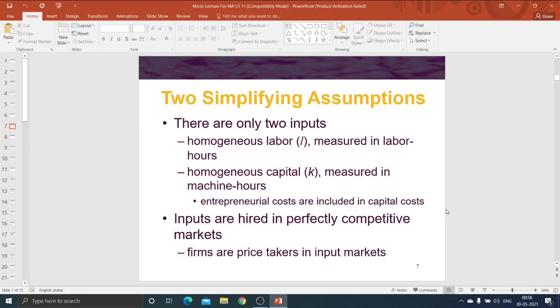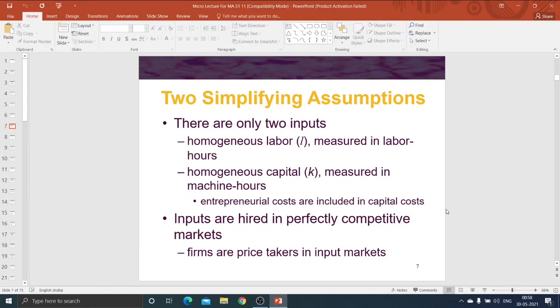To simplify, the assumption for all these categories is as follows: there are only two inputs, homogeneous labor measured in labor hours and homogeneous capital measured in machine hours, where entrepreneurial costs are included in capital costs.